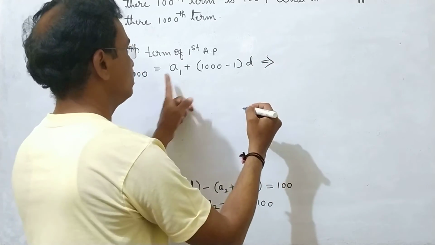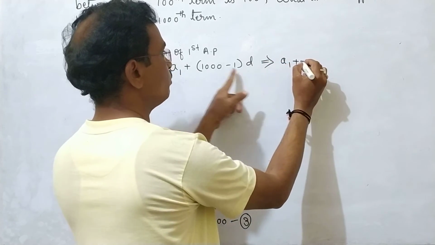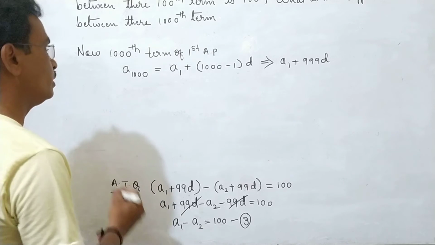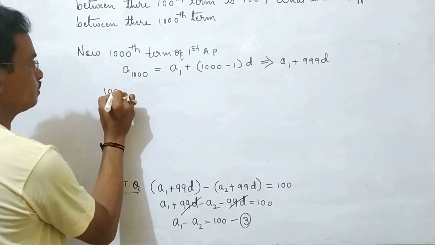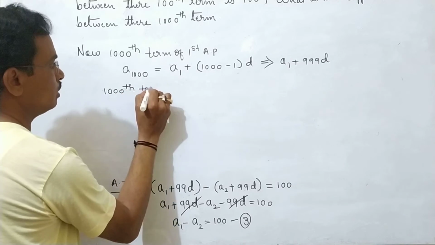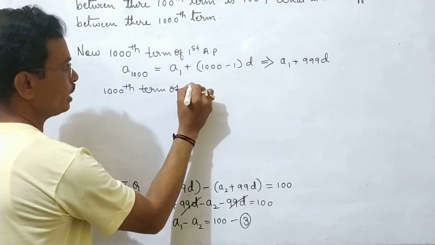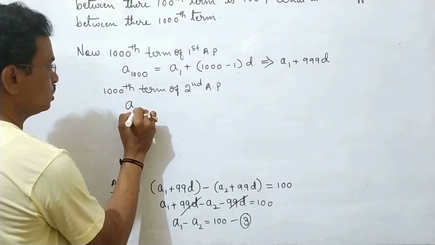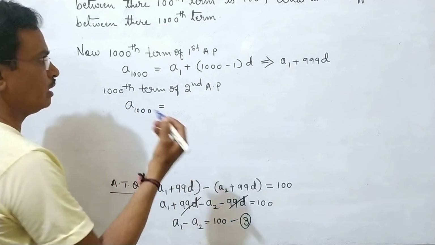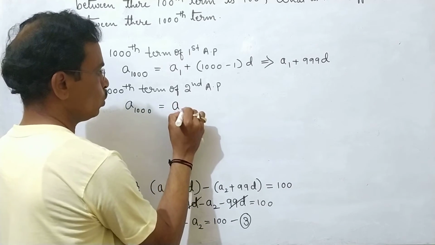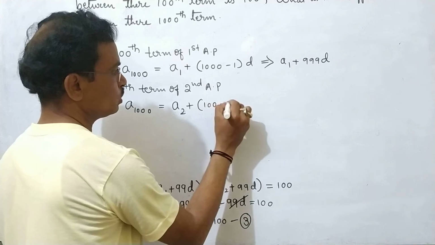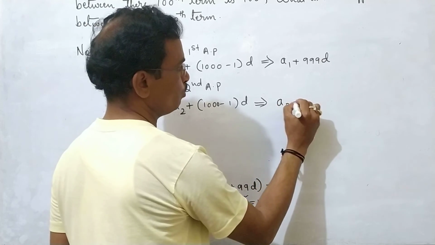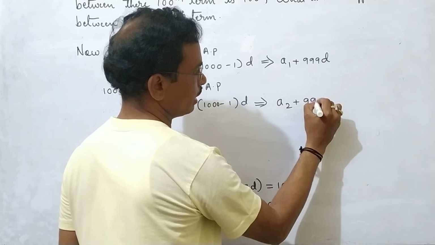So this implies A1 plus 999D. Next, the thousandth term of the second arithmetic progression: A1000 is equal to A2 plus 1000 minus 1 into D. This implies A2 plus 999D.